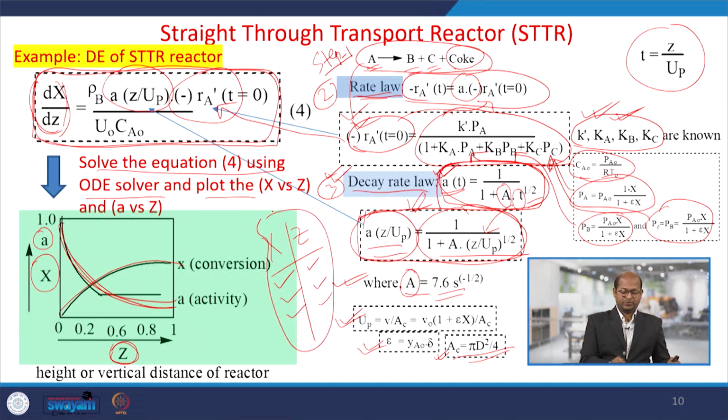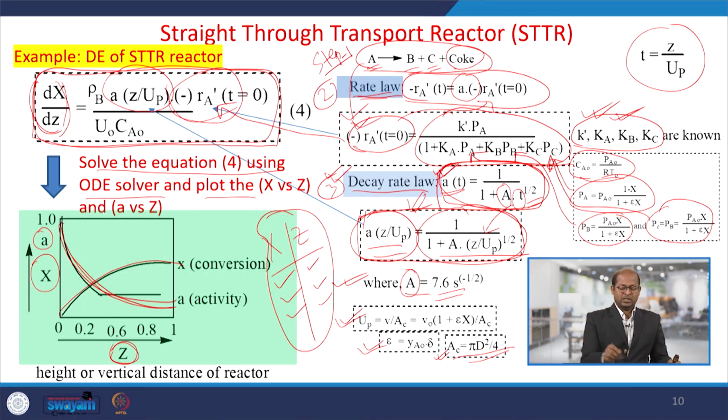This way we can study the straight through transport reactors: how with the length of the reactor the reaction is taking place while at the same time the catalyst is deactivating. Both we can study, both are occurring simultaneously inside the reactor.